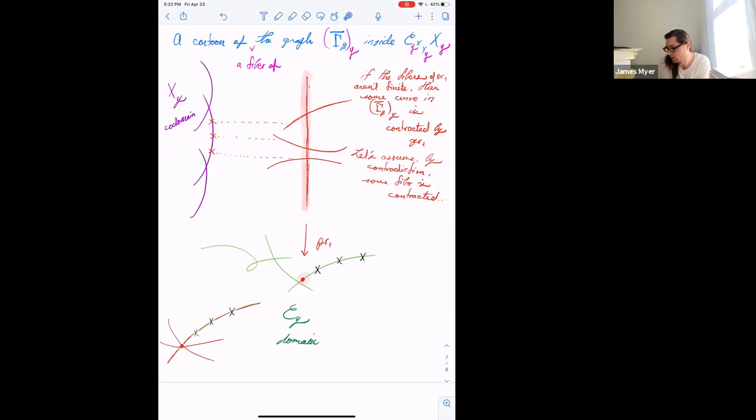They do in the open part, but does it happen in the whole closure? I think the answer is yes: every fiber, even in the closure, is such that every irreducible component is marked by 3 points. That's true, but I'm trying to think of a good argument for why that has to be true.